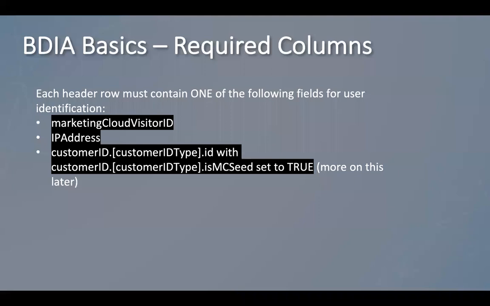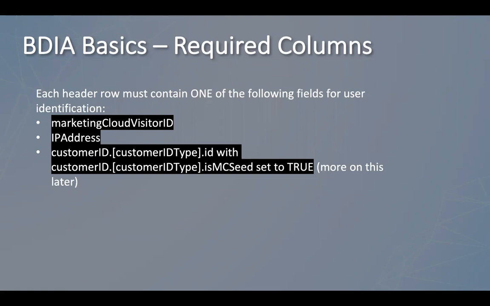As far as required columns are concerned, you have to pick at least one of the following fields for user identification. Obviously, the most straightforward is going to be the Marketing Cloud Visitor ID if this is existing Adobe Analytics data that maybe you're just moving from a different report suite or from another account. IP address is acceptable. And then the third one, which is where this starts to get really cool, is if you have some sort of custom ID.